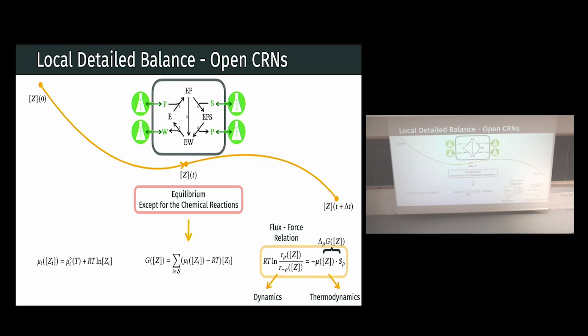So you can think of every point of our dynamics, every concentration Z_t, as an equilibrium mixture. And then we have the dynamics converting one equilibrium mixture into another one. So we are just extending the expression of the free energy that we have from equilibrium to a non-equilibrium state, because we have a dynamical system.